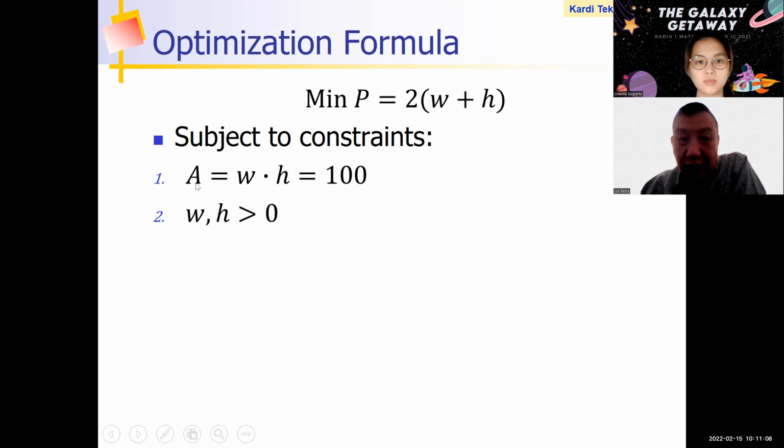There are two constraints. The first is the area, H times W equals 100. And of course, the width and the height must be positive. So this is called the optimization formula. In any optimization, you need to do this first: from the problem, you should be able to create this optimization formula. Okay, then you solve it.